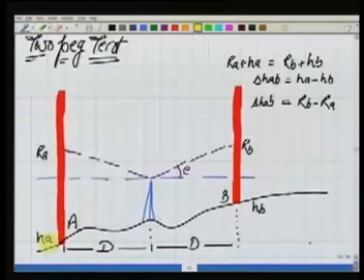Now how this two-peg test is done, we'll see now. Over here, we have a terrain. Again, the points A and B are there. The RL of point A is HA, and this is HB, which we want to determine. This is our level, and ideally the level should look in the horizontal direction, which is not the case.